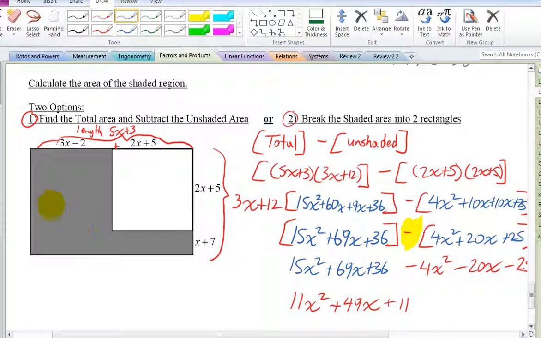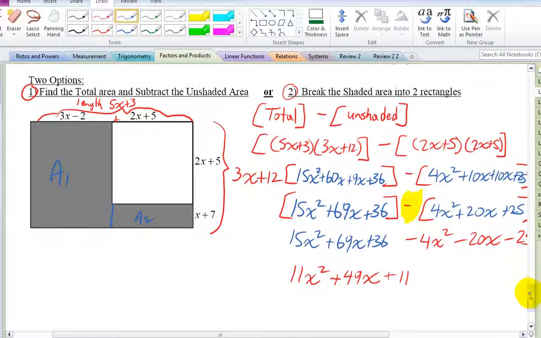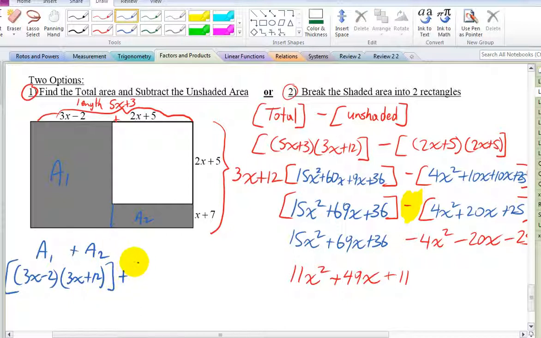Now for the other method, if I broke this into area 1 and area 2, I would then add them. And sometimes that's easier because you don't have to worry about the subtraction. Area 1 would be 3x minus 2 times 3x plus 12. So you still have to get that dimension.